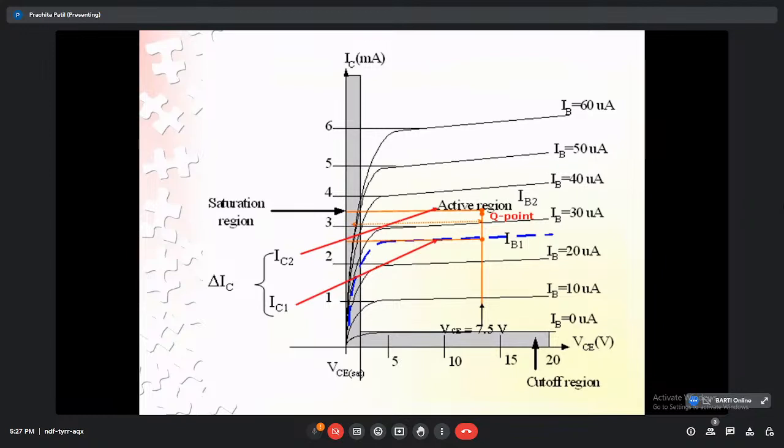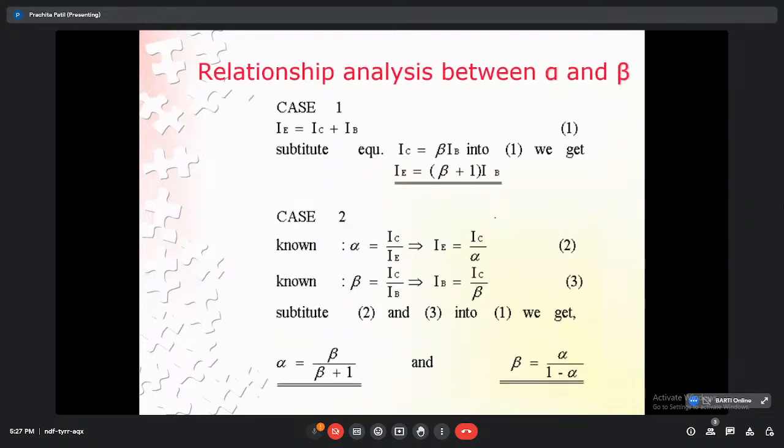If we draw appropriately, you can see delta IC, IC2 and IC1. These are two points in the active region, and then that point is called a quiescent point, or an operating point. In that way, we can have the calculation for that operating point also.